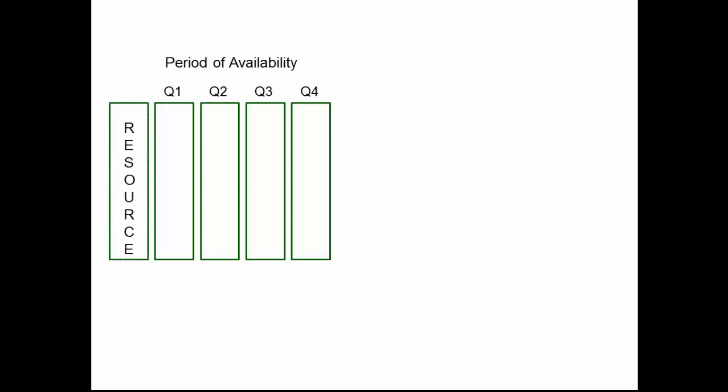These four rectangles represent the period of availability of one fiscal year divided into 4 quarters. We start with a resource. Let's assume it's an appropriation. Some of the resources are obligated in quarter 1 and in quarter 2. Some of the obligations are paid in quarter 2.